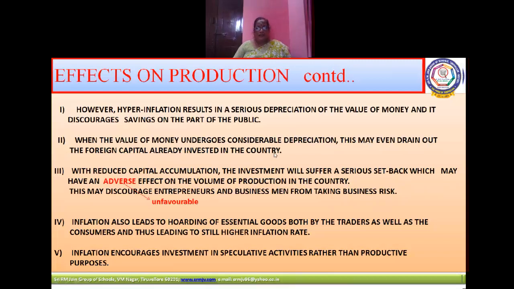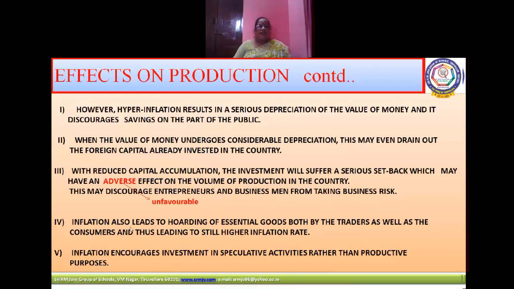in the country. Third one, with reduced capital accumulation, the investment will suffer a serious setback, which may have an adverse, unfavorable effect on the value of production in the country. This may discourage entrepreneurs and businessmen from taking business risk.